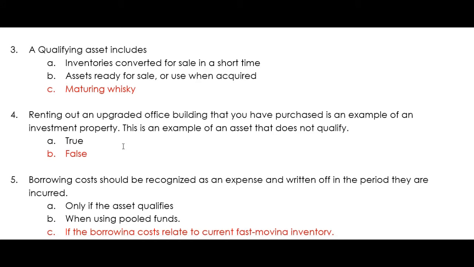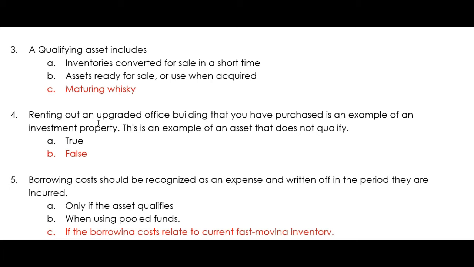Okay, so proceed tayo. So number 3, a qualifying asset includes. Okay, so based on the choices, alam na natin no, na ang sagot ay letter C. Kasi yung inventories converted for sale in a short time or short period, di ibig sabihin hindi siya pwedeng qualifying asset. Assets ready for sale or used when acquired, so ibig sabihin pagka-acquire mo pwede agad ibenta, so hindi siya qualifying asset.